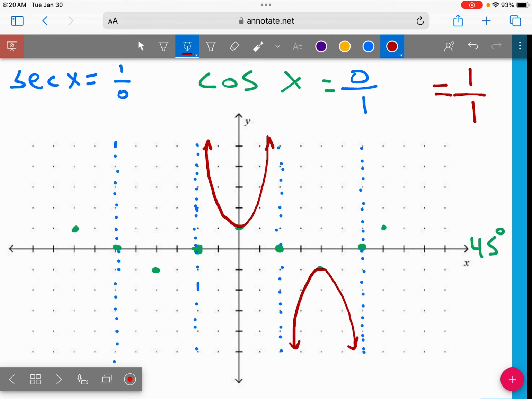And remember, our values never reach, they get closer and closer to our asymptotes, but they don't reach. And like I said, it's a repeating pattern, like pretty much everything in trig is when we're graphing. So every single one of those bottom points is going to go down, and every single one of those positive points is going to go up.